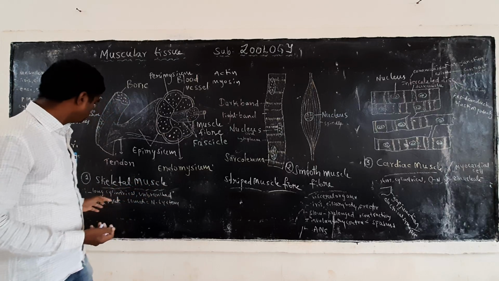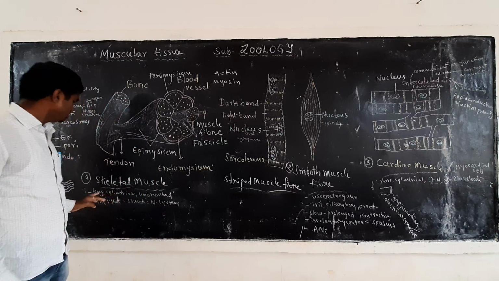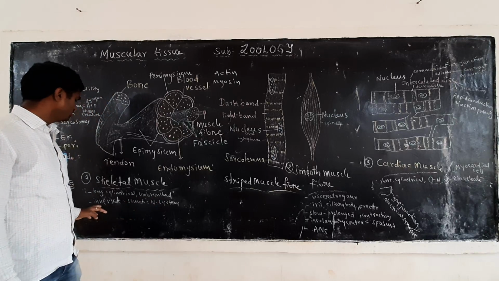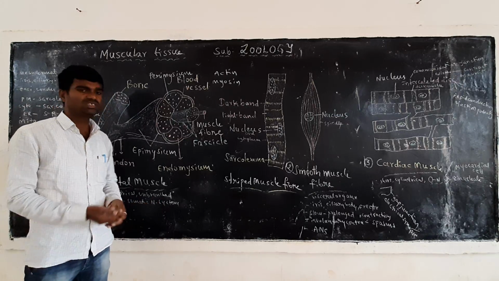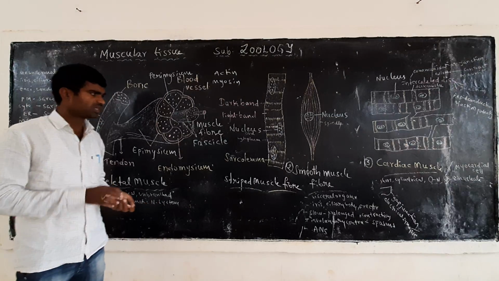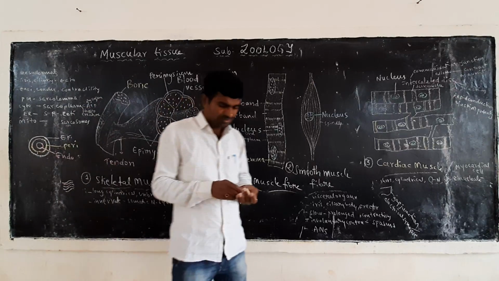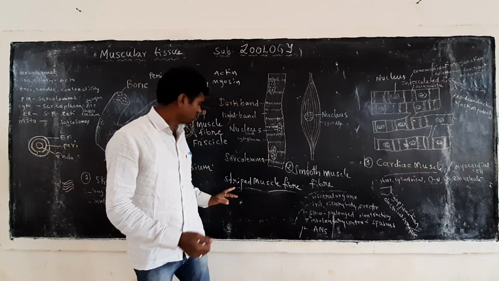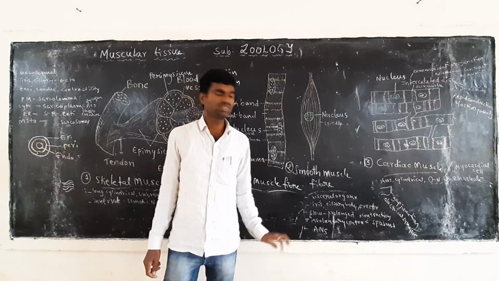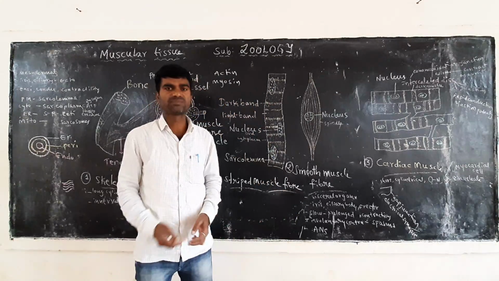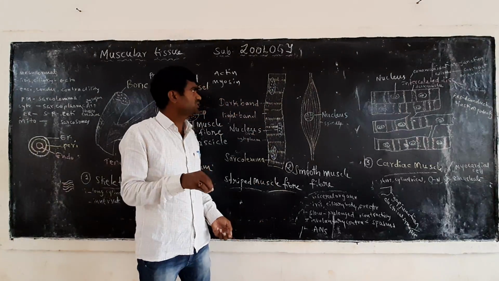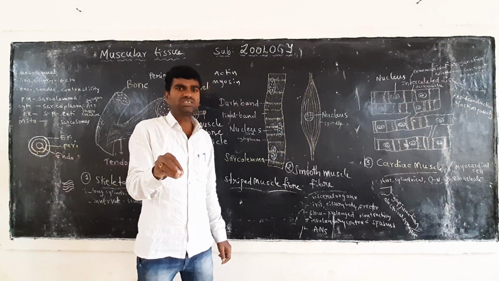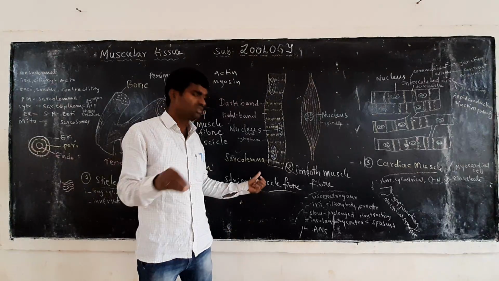The skeletal muscles are long, cylindrical, unbranched structures, and they are innervated by the somatic nervous system. The skeletal muscles are also known as striated muscles. Striated means alternating light bands and dark bands are present in the skeletal muscle, a regular arrangement of light and dark bands, formed by actin filaments and myosin filaments.